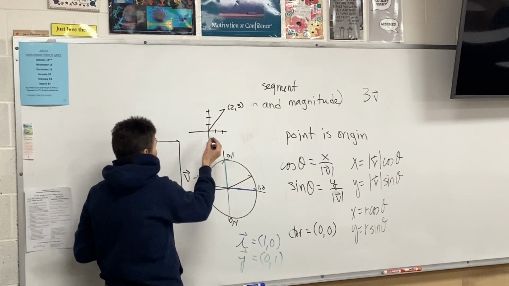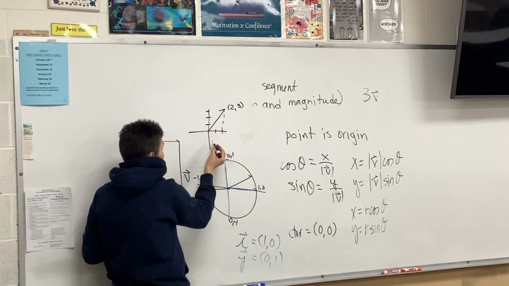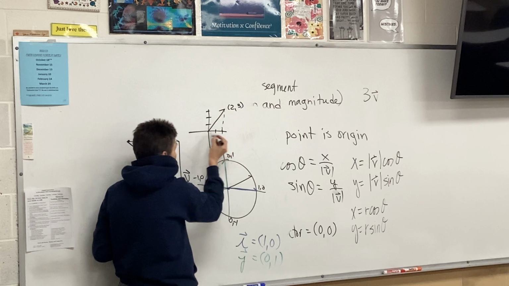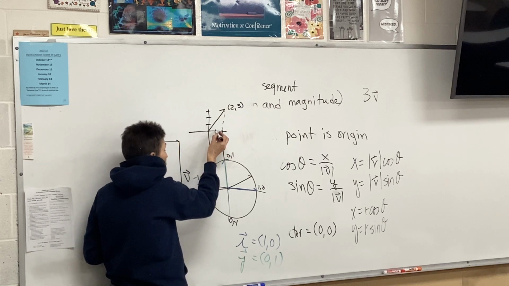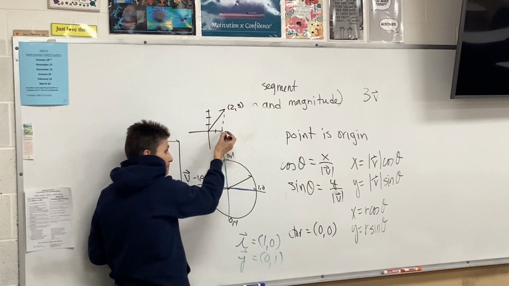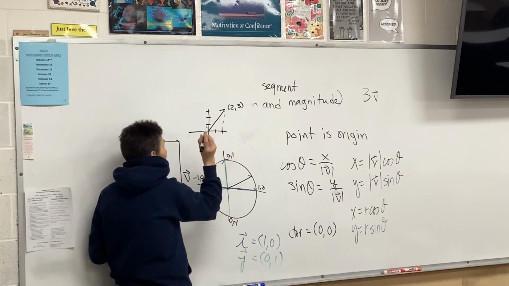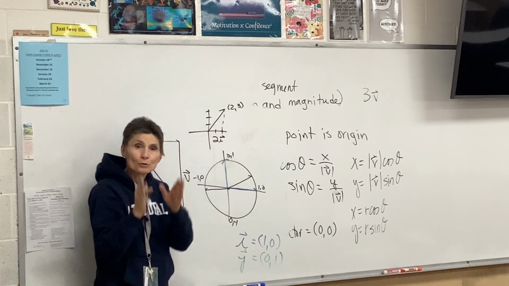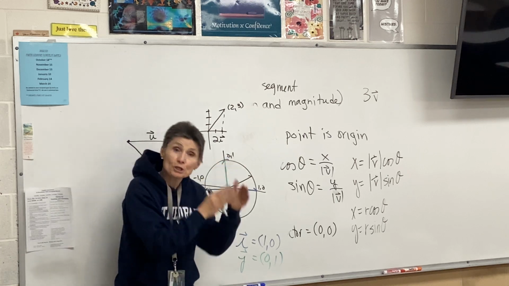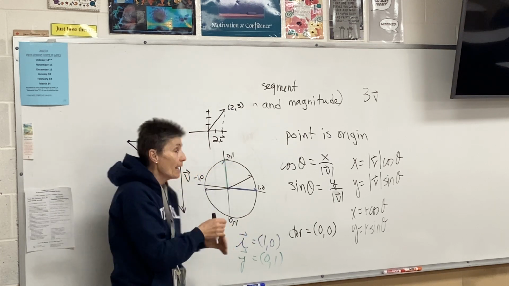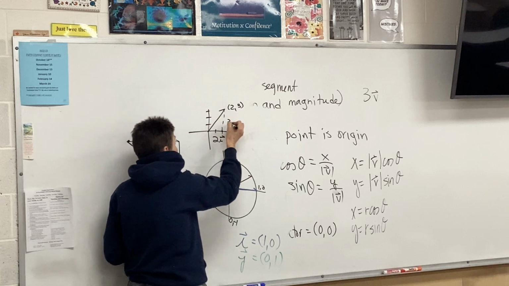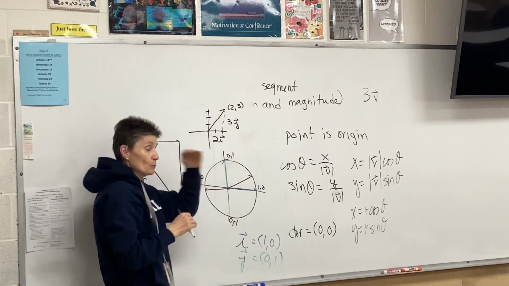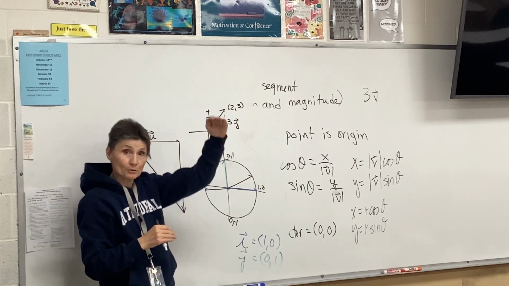I went over 2 and up 3 when I drew it. Now, if I went over 2, then its horizontal component is 2 steps, 2 i's. That's 2i. 2 horizontal units. And then 3 j's, 3 vertical units.